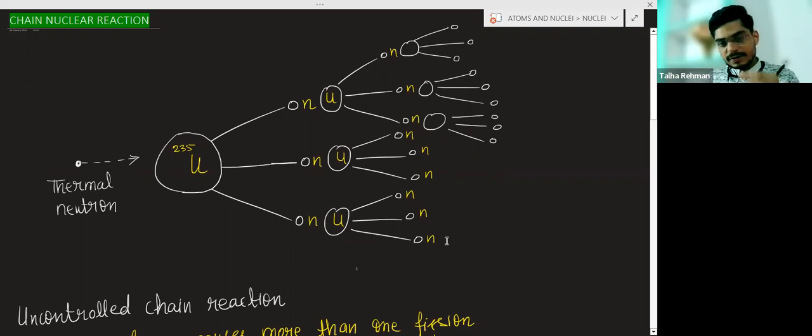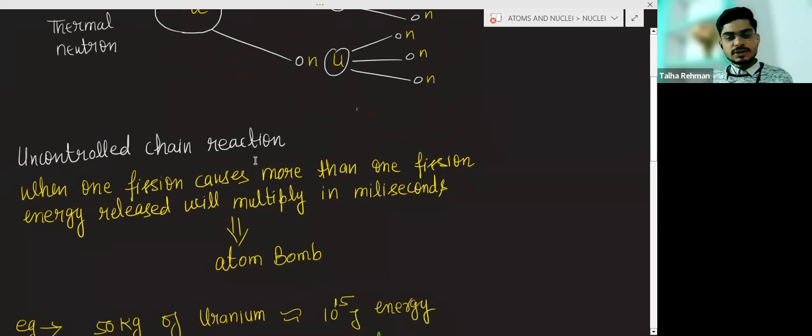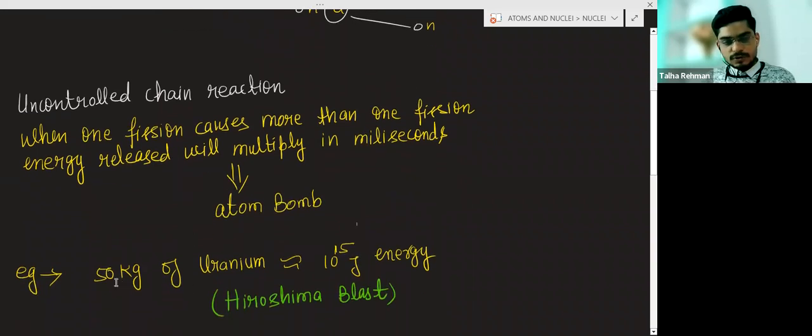When one fission causes more than one fission, energy release will multiply in milliseconds. Basically this uncontrolled chain reaction is used in the atom bomb. For 50 kg of uranium, you can get this much energy, and I told you about this also.